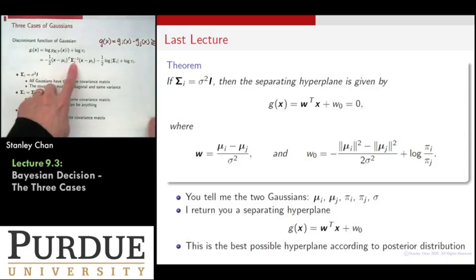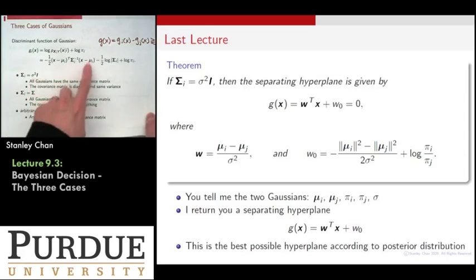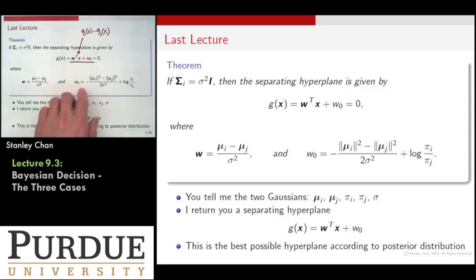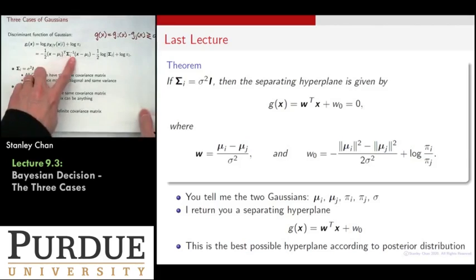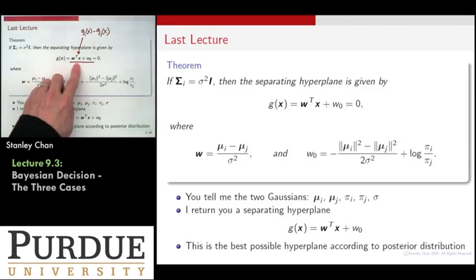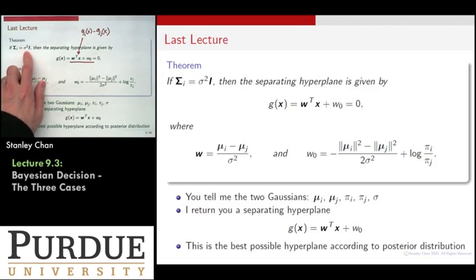Because you have the same sigma, and the two sigmas are identical to an identity matrix, you can do a lot of cancellations. You start with a quadratic equation, and you can simplify it to a linear equation. Okay, this happens when your sigma_i is identity.